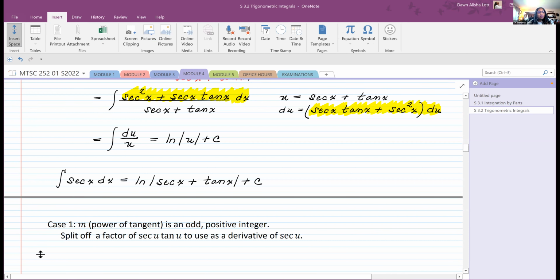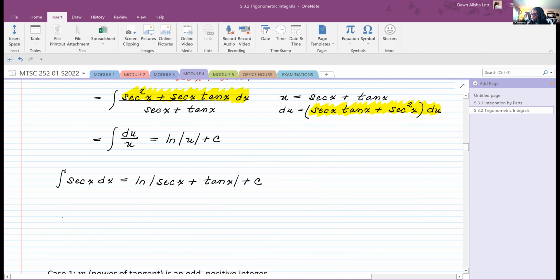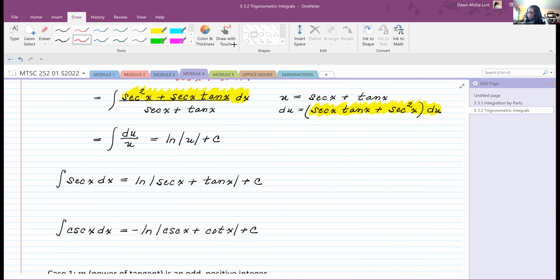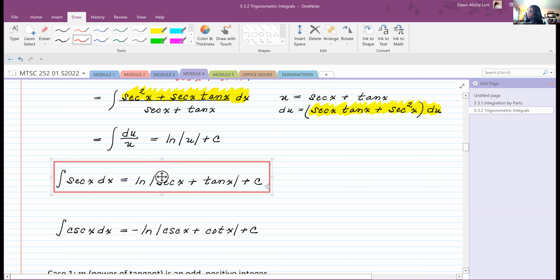And again, we then also know how to integrate the cosecant of x dx. It'll be the same, except it'll be a negative log of the absolute value of the cosecant of x plus the cotangent of x plus c. And again, as long as you remember who are partners, this is fairly easy to remember.